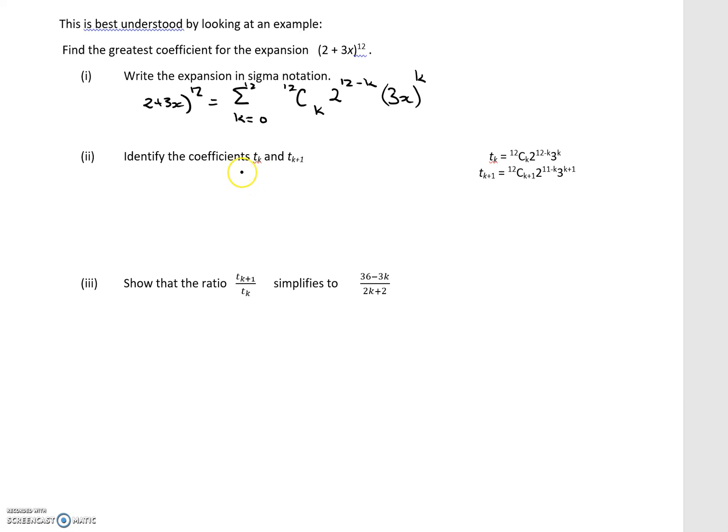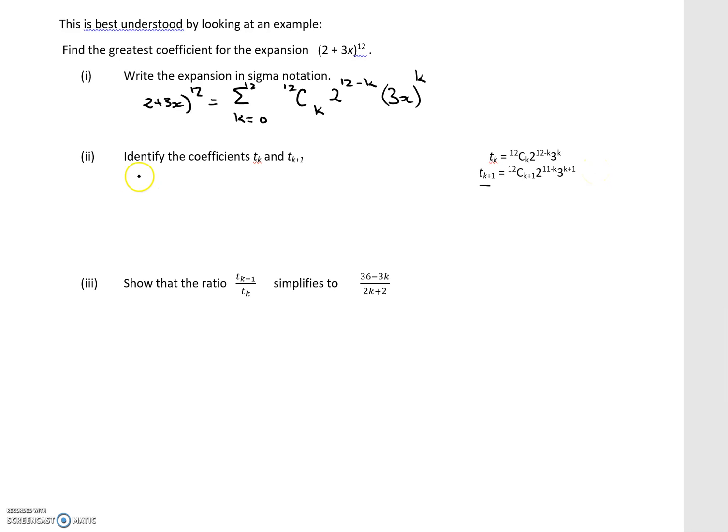It will have the x to the k term in it, just like tk plus 1 will have nCk plus 1. And because this is strictly the coefficient only, you can't see the x to the k term in it.